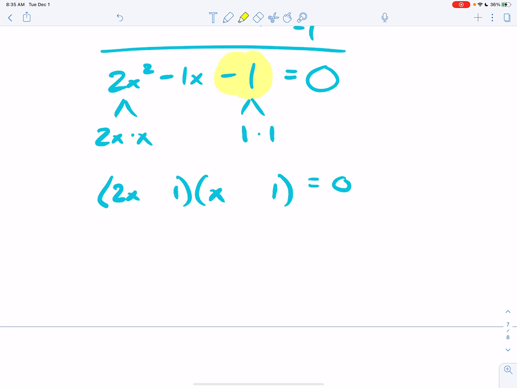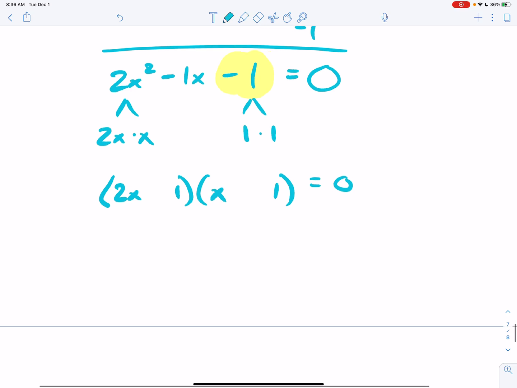Now, that is a negative, so that means your signs have to be different. Now, if your constant comes out positive, okay, your signs have to be the same. So either plus plus or minus minus. But since our constant is negative, you're going to have one of each here. So I'm going to go ahead and put minus and plus. And again, if you're not sure, you just guess and then you check.